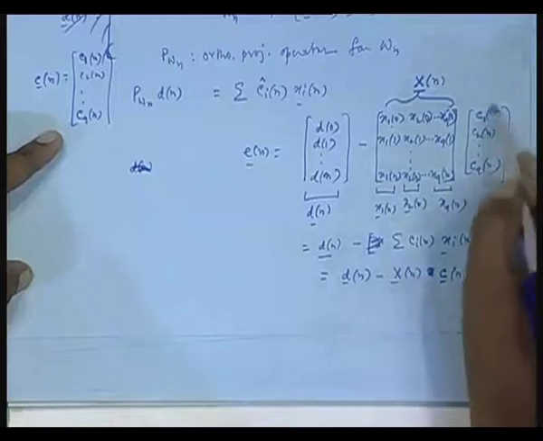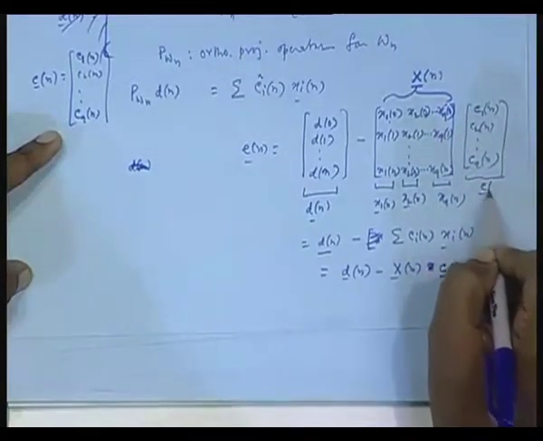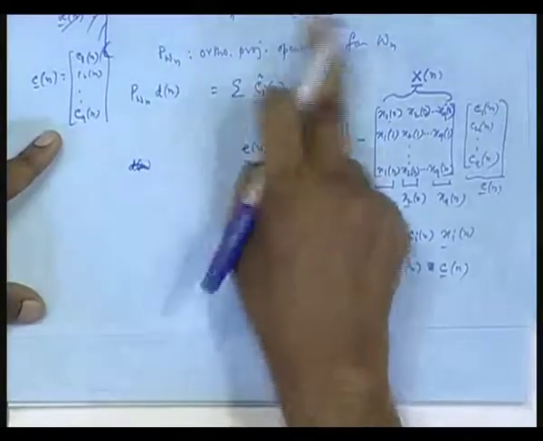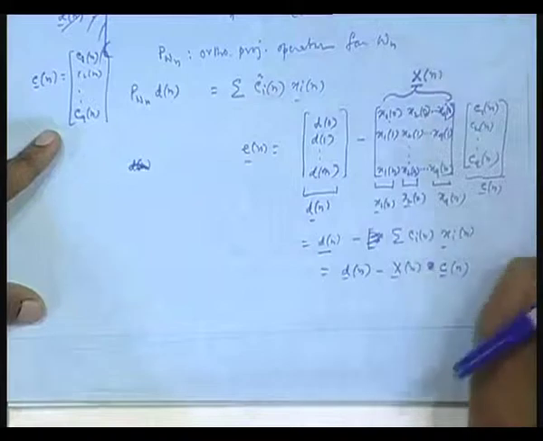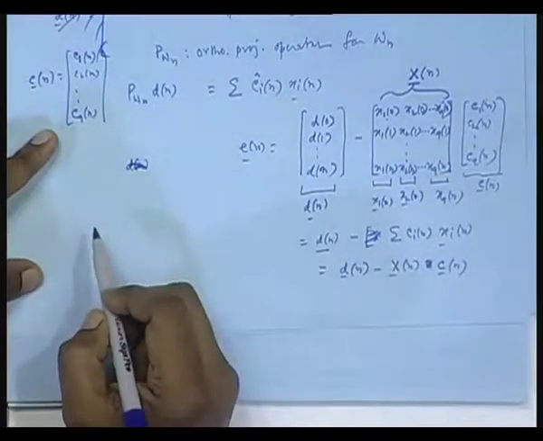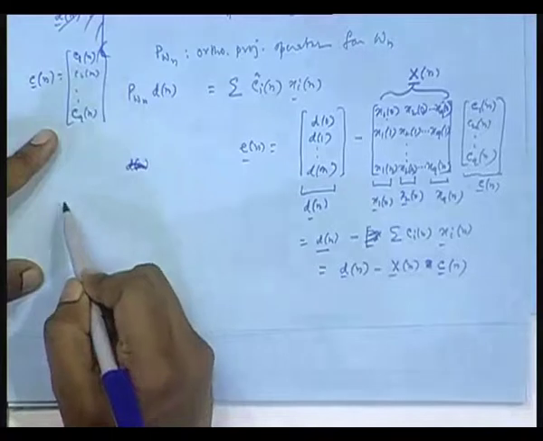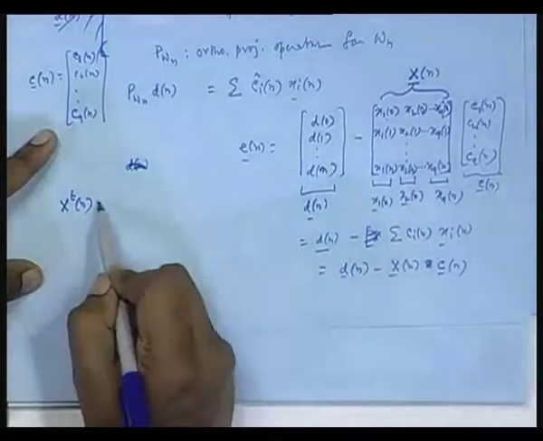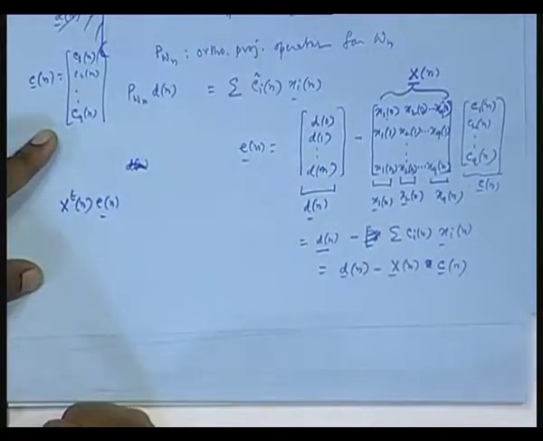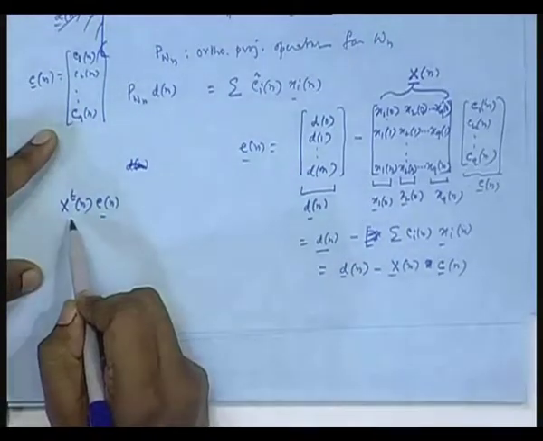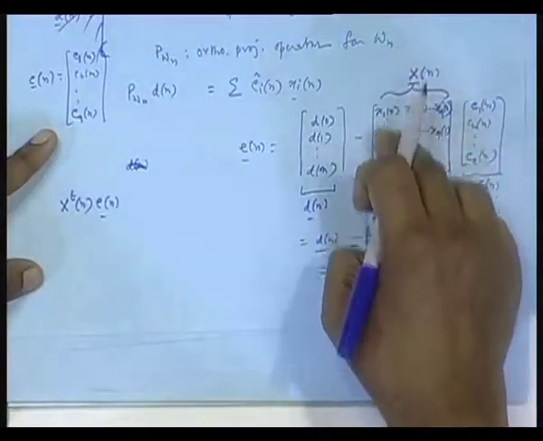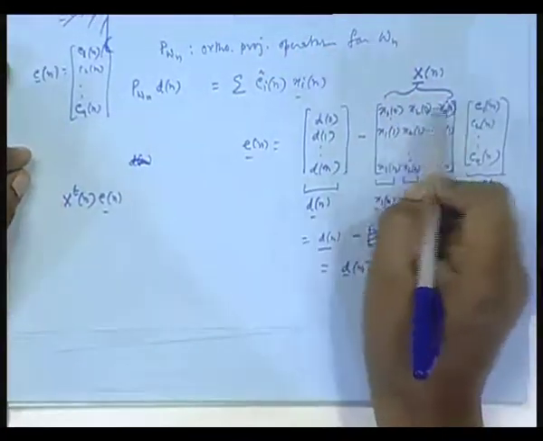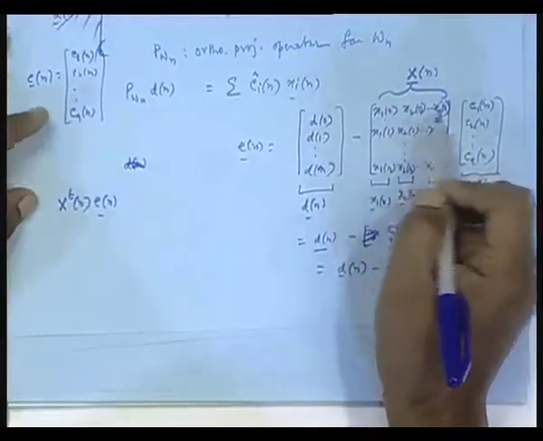This is your Cn, the intermediate. This error is orthogonal to each of the columns. That means X transpose n times en should be 0. What is X transpose n? The first column of Xn is this vector. When you take the transpose, this comes up here on top as a row vector.